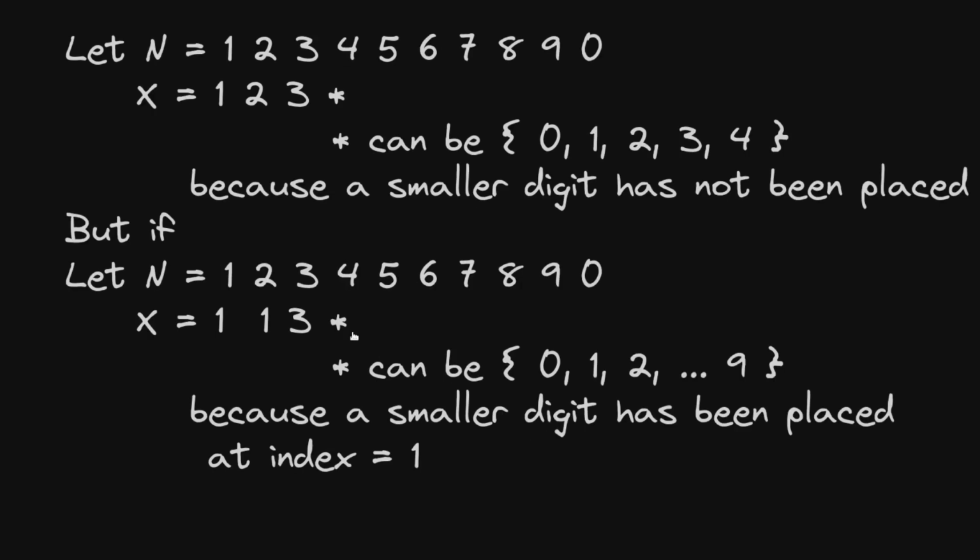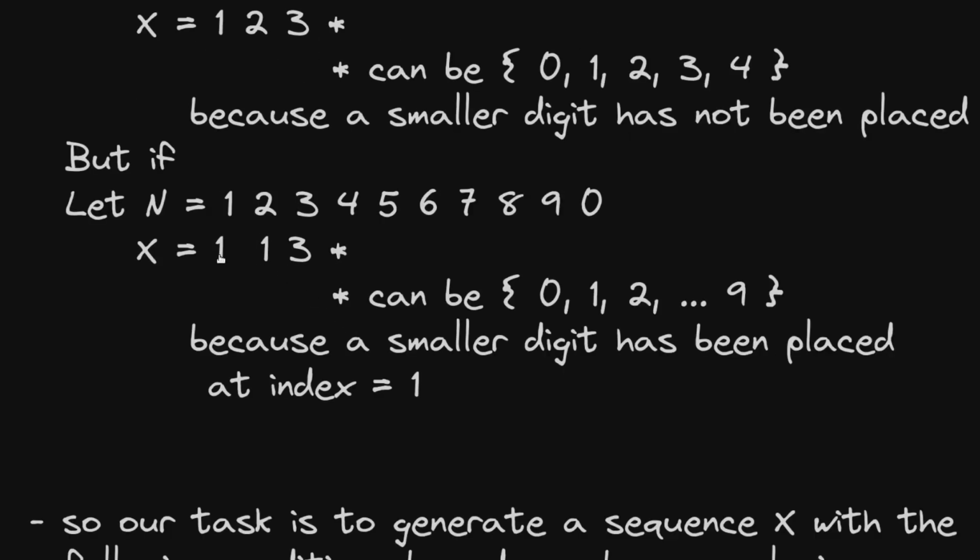Another scenario that we are going to consider is, let's say we have position 1, 1, 3, and now we want to fill a star here. Now as you can see, this position already ensures that x is less than n, because it is the first position where the digits differ and this x has a smaller digit than n at that position.